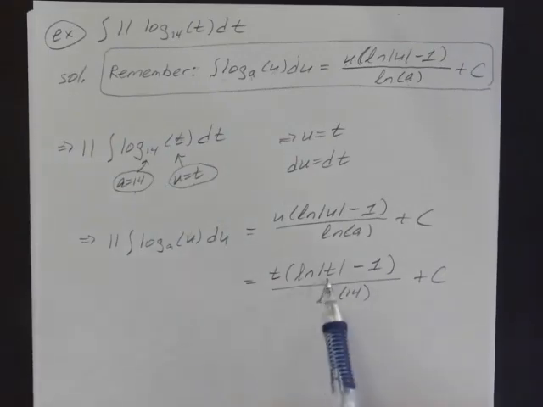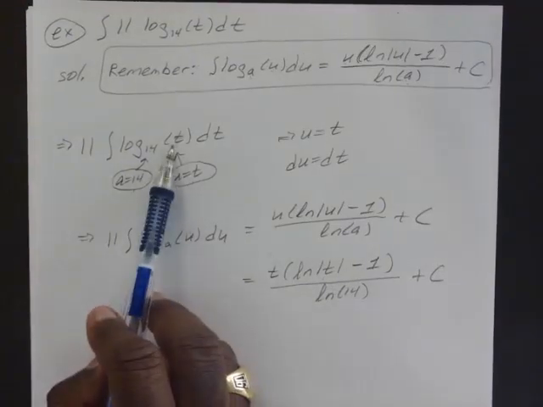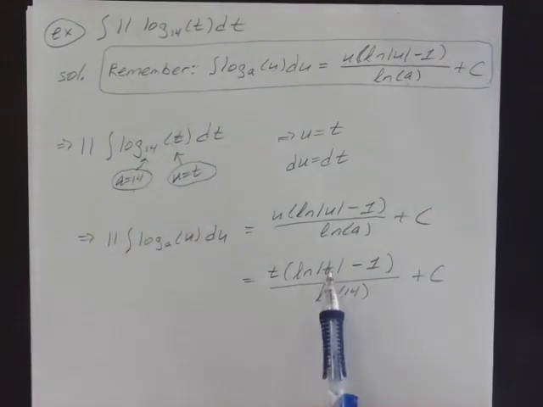Okay. Now the absolute value here really isn't necessary, only because we know that the argument has to be greater than 0, so we already know this is positive. They might want the absolute value, or they might accept parentheses.